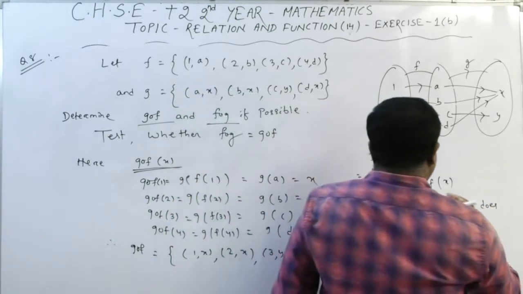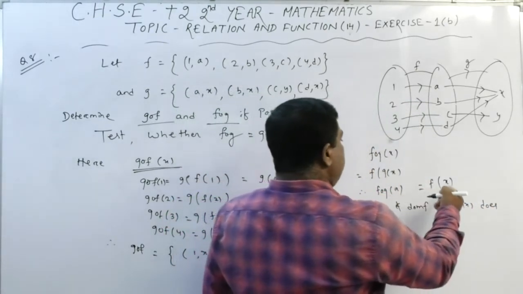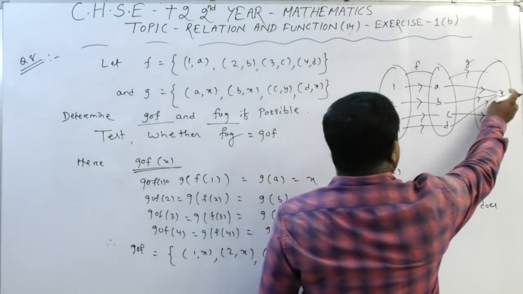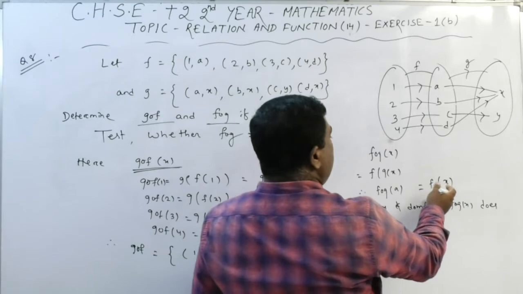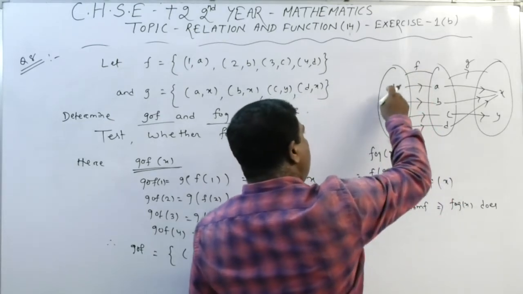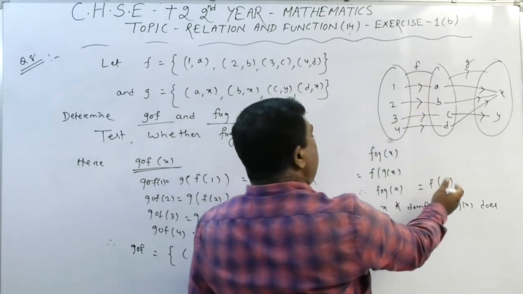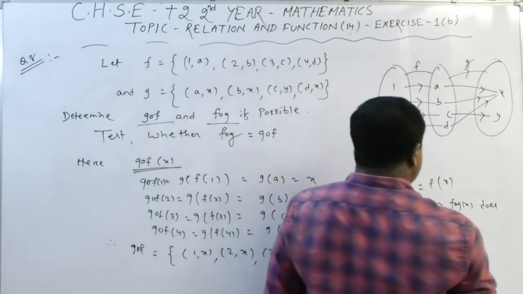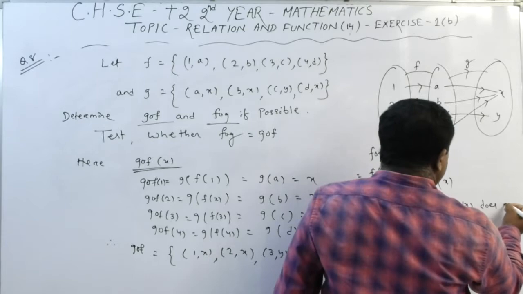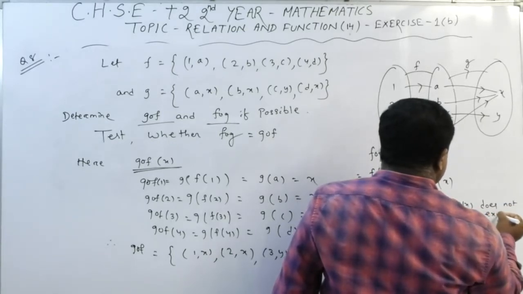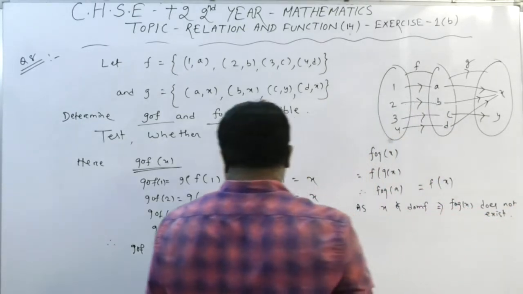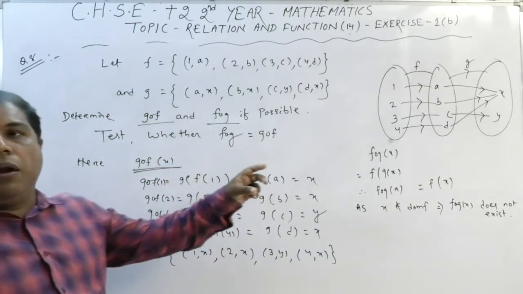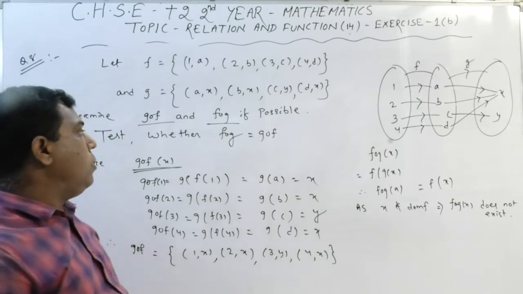So your g of a is x. It is f of g of a. Your g of a is x, but f of x does not exist because f is converting 1, 2, 3, 4. It is not applied on x. Okay? So as x does not belong to the domain, f∘g(x) does not exist. So here you can see that we are able to define g∘f, but we are not able to find f∘g.